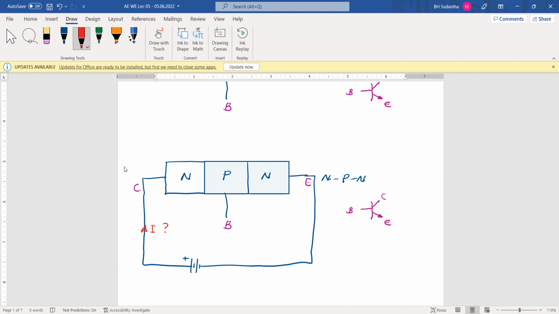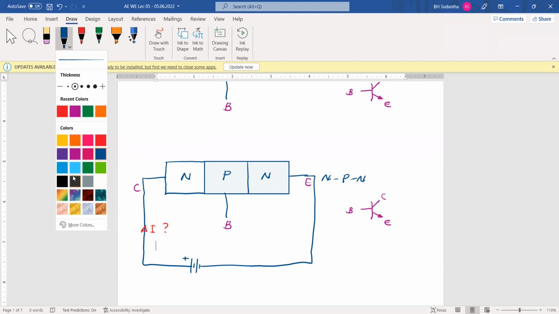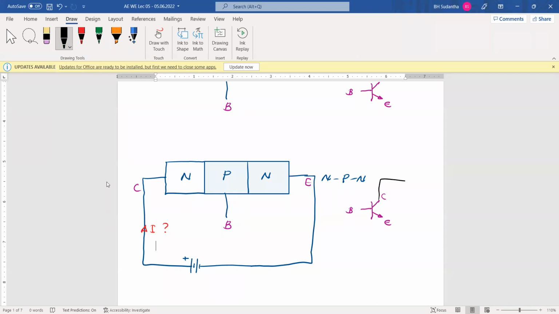In other words, what we have done is we have connected a battery like this and are expecting a current on this path, a collector to emitter current.